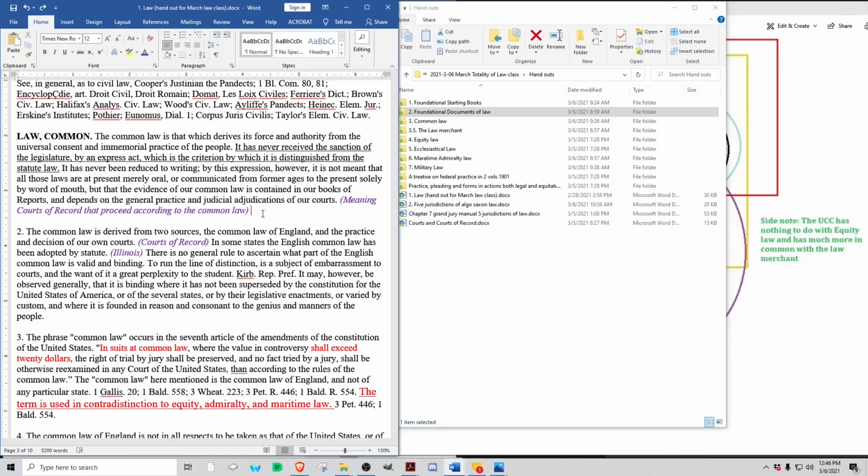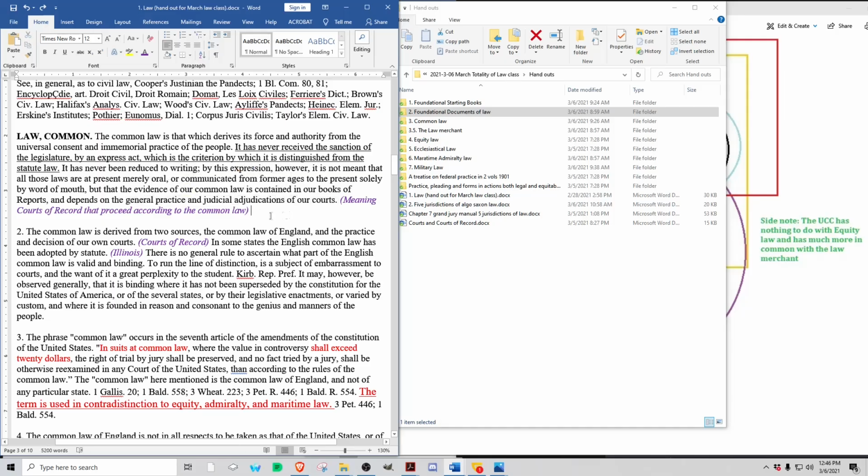And from that, judges can read and say, this is how the people have ruled before, and this is how other judges have ruled before based on what the people said, and this is how I should rule now because this is the common law. That's what they're talking about regarding our books of reports, which depends on the general practice and judicial adjudications from our courts. Again, the same aspect of having case law.